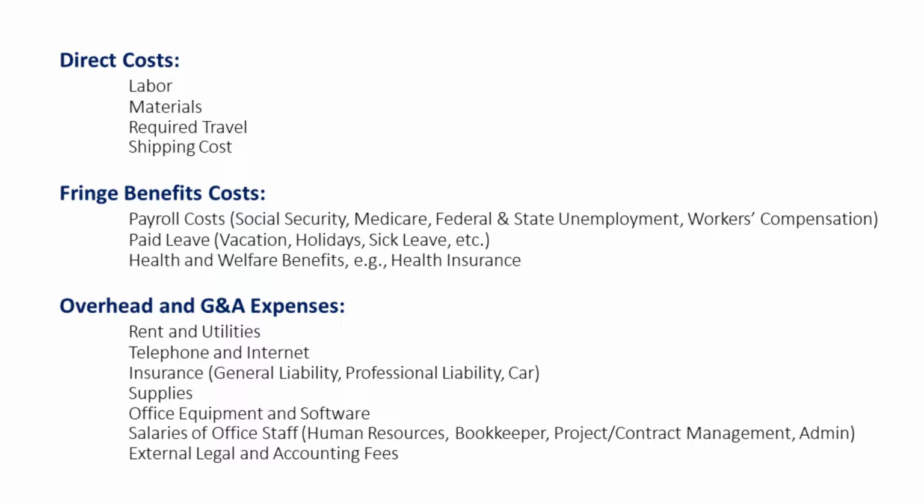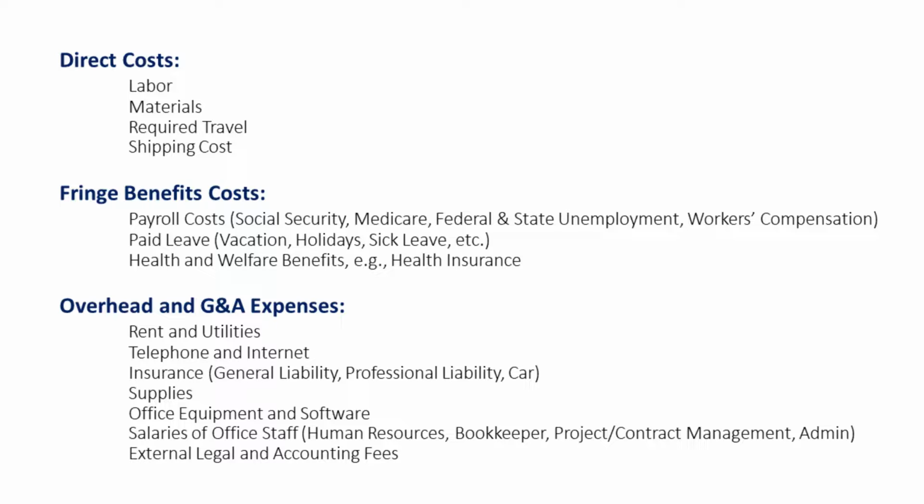Next, you want to make sure to include all of your indirect costs associated with the contract. If you have to hire someone for administrative help or project management or human resources, or to do the bookkeeping and send out invoices and run payroll, then you need to pay their wages and also the cost of their benefits. Also, what is your cost for liability insurance?